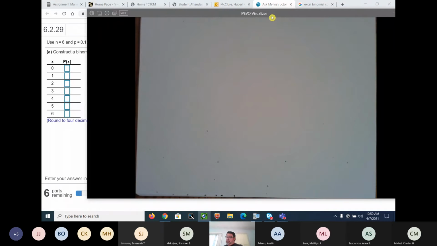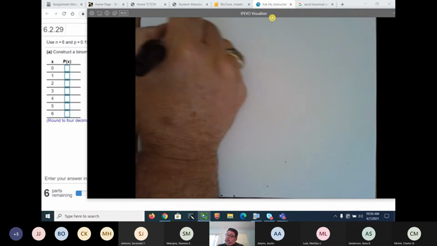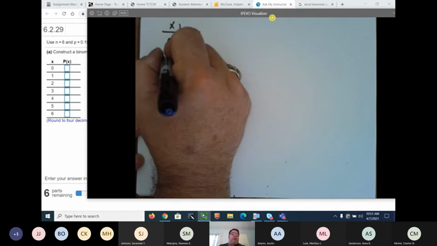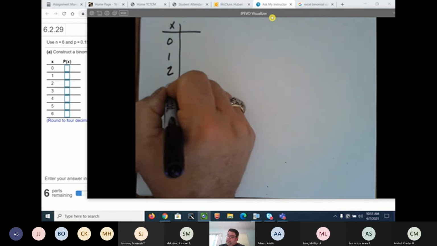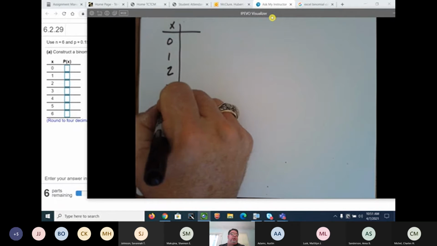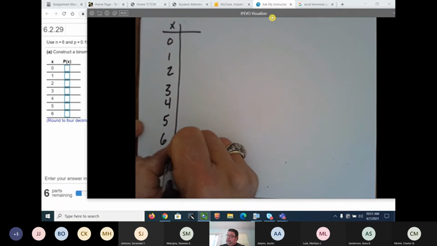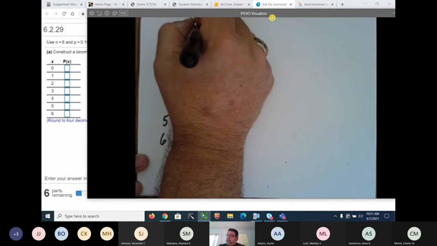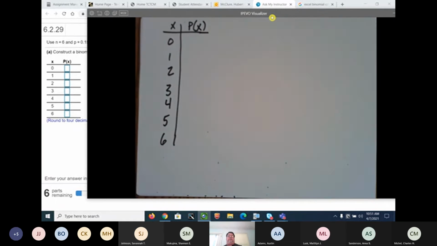So I'm going to draw a probability distribution. And X is going to be 0 children, or 0 girls, 1 girl, 2 girls, 3 girls, 4 girls, 5 girls, or 6 girls. And the probability of this happening with the following information.